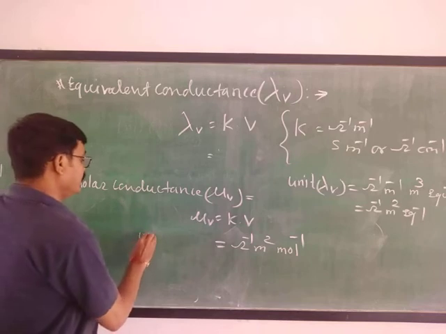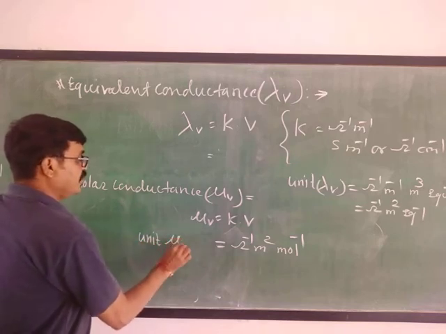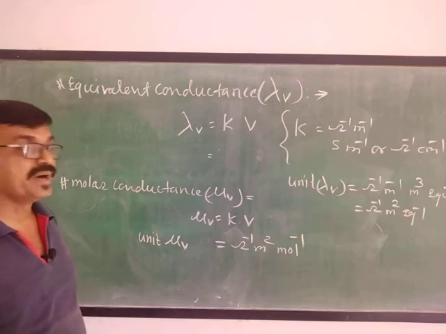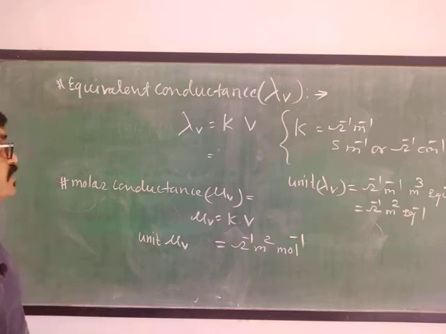What is the unit of this mu V? Unit of mu V is ohm inverse meter square per mole, or mole inverse.